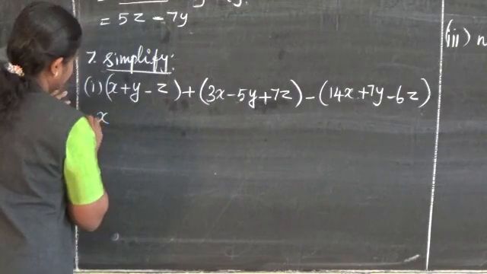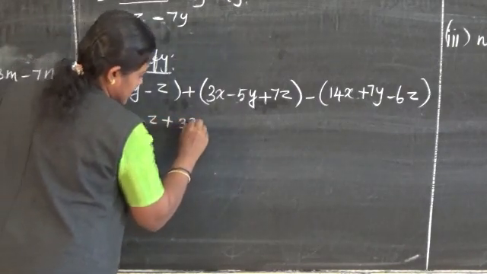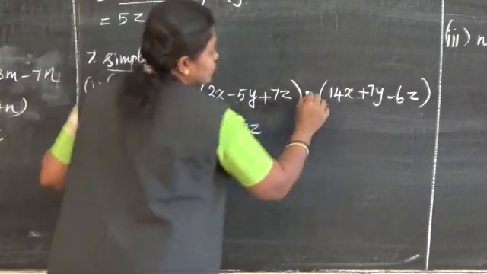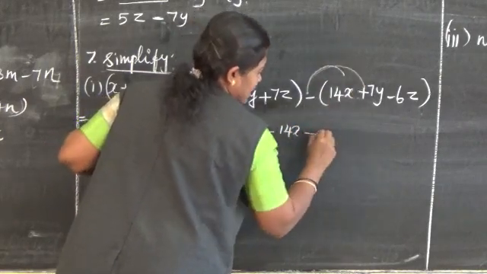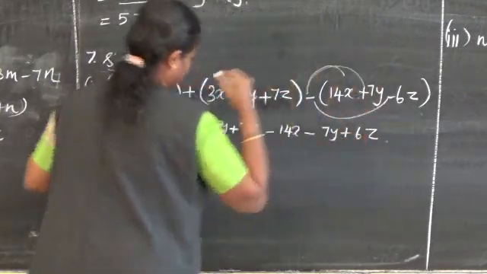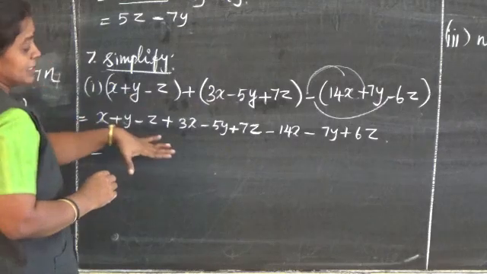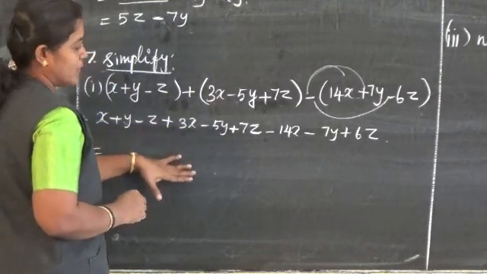Now x plus y minus z plus 3x minus 5y plus 7z. Now removing the minus sign: minus 14x, minus into plus minus 7y, minus into minus plus 6z. That's why I told you already, the integer rules for multiplication and addition you should always remember.